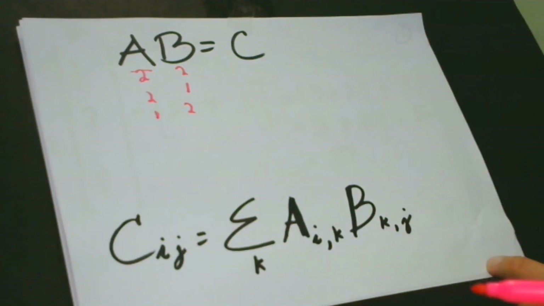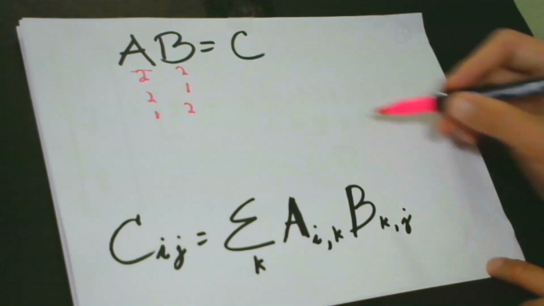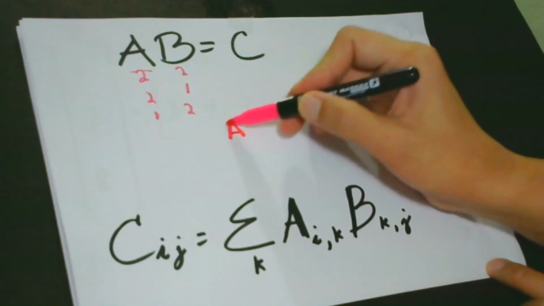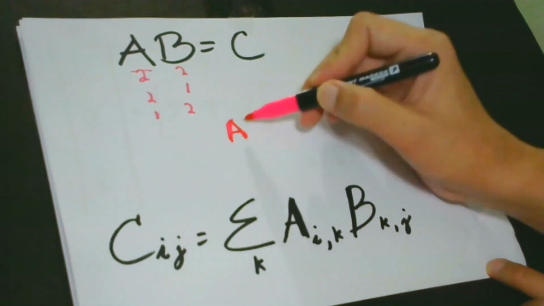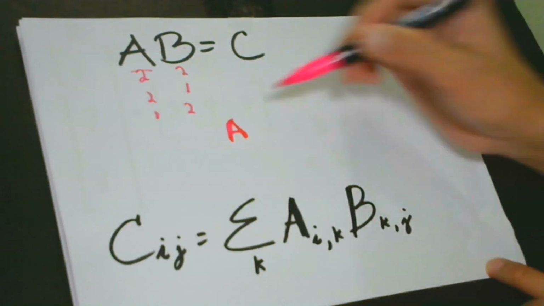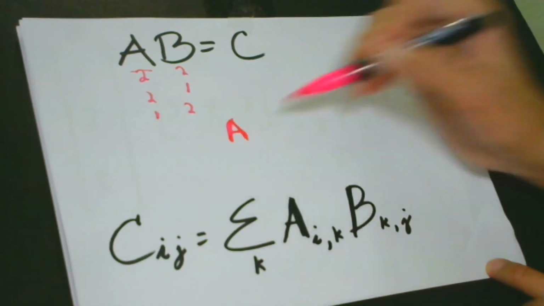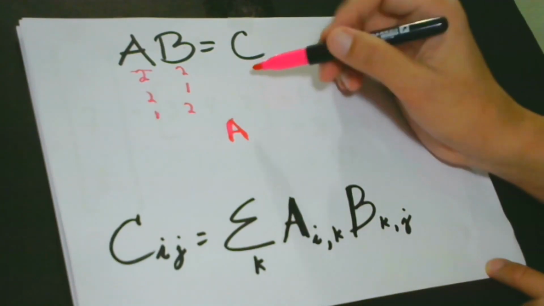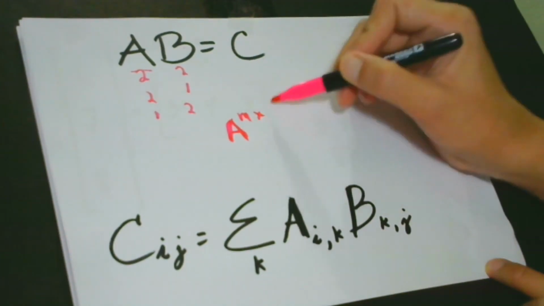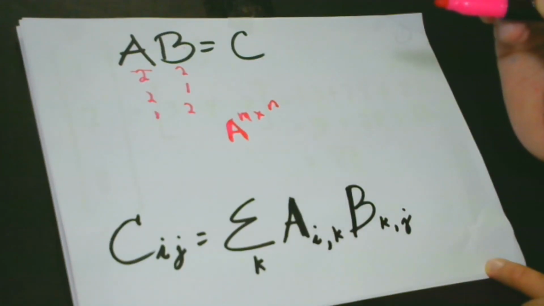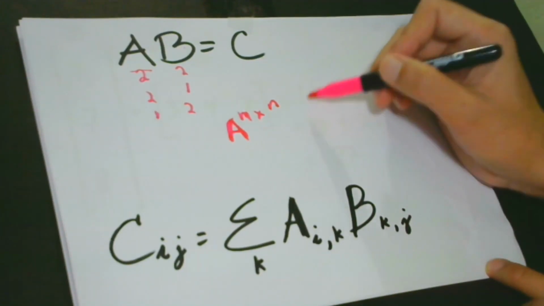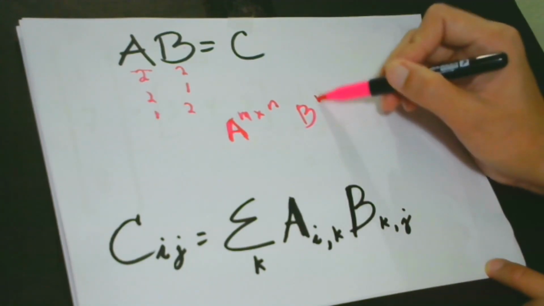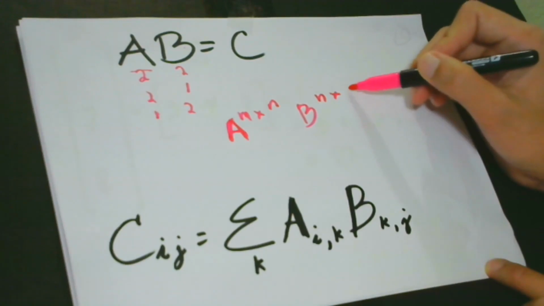A, and we make this bold because we said in lesson number 3 that when we name a matrix, that name should be in bold typeface. So A is M by N, and then we have B, N by P.